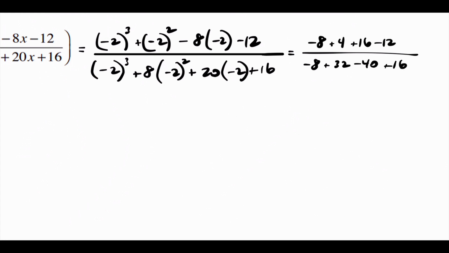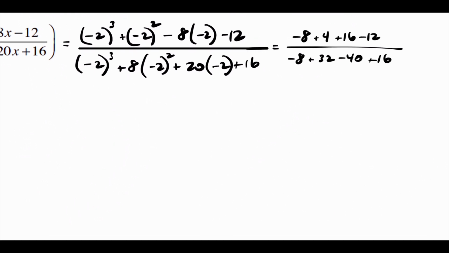Okay, so when I plug in -2, on top I get -8 plus 4 plus 16 minus 12 after I multiply and do all the powers and everything. The bottom I get -8 plus 32 minus 40 plus 16. So now I got to add and subtract.